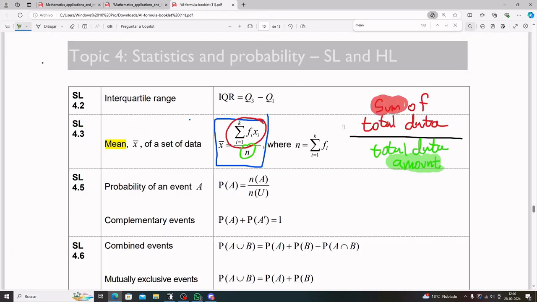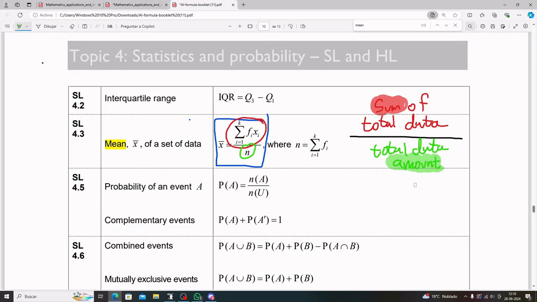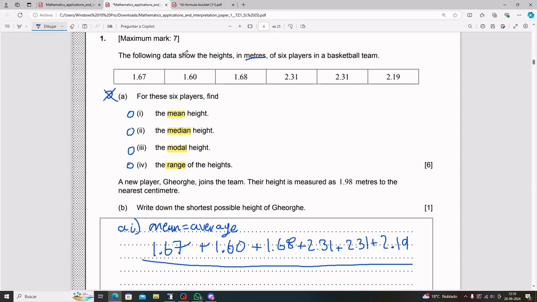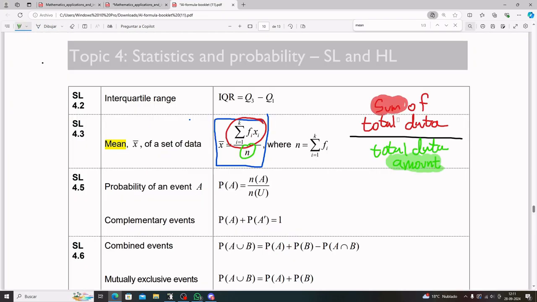So in that sense, I am having the sum of the total of my data up top divided by the total amount of my data. And when I say amount, again, it's not the most fancy explanation, but for me, it makes a lot of sense. What is the amount of my data? Well, I have 6 players in my data, so that's my amount. See? So in that sense, I'm saying amount, and in that sense, I'm saying sum.